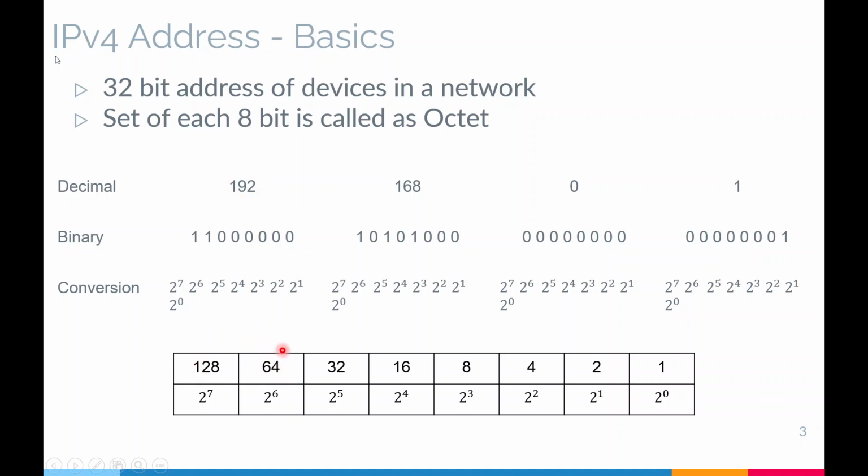Since we have achieved 0, we need no more digits. The remaining places can be filled with zeros. So that is what has been done: 1, 1, and the remaining 6 bits are set to 0.